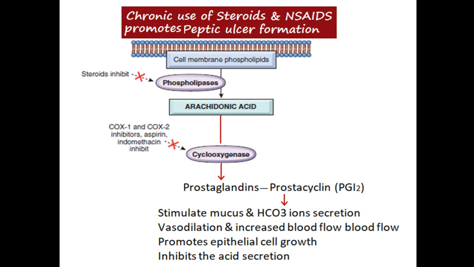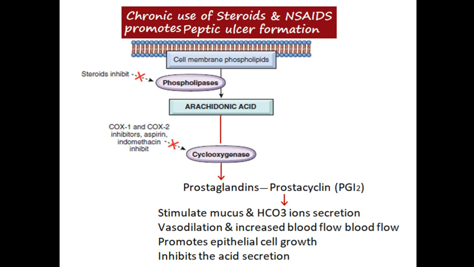Now, what are these protective mechanisms? They stimulate mucus and bicarbonate ion secretion by the foveolar mucus-secreting cells. The second effect is that PGI2 causes vasodilation and there is increased blood flow to the area.